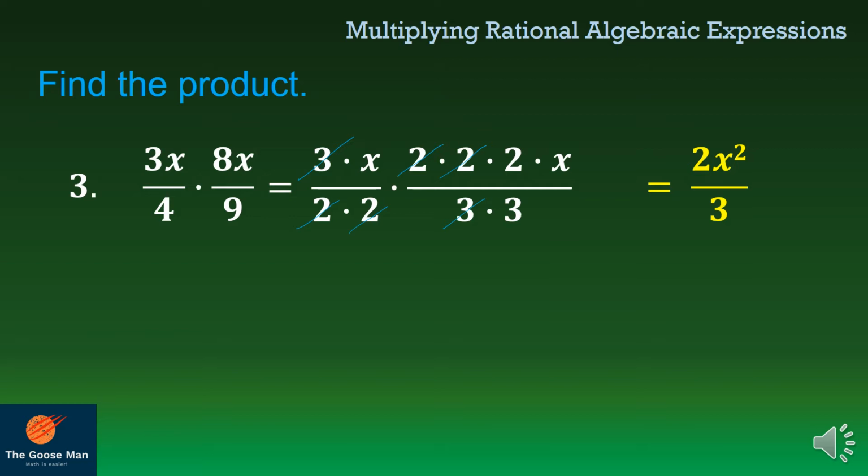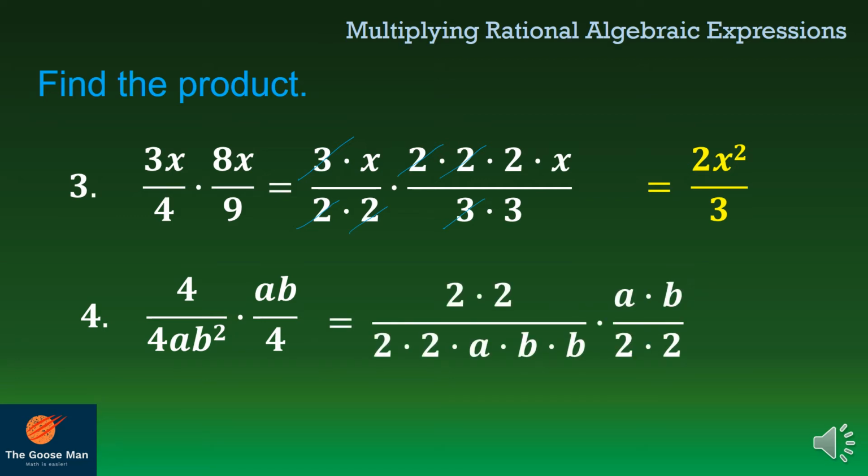Okay, let's have another example. If I have 4 all over 4ab squared times ab all over 4. So, 4 can be factored as 2 times 2, while 4ab squared can be factored as 2 times 2 times a times b times b, times a times b all over 2 times 2.